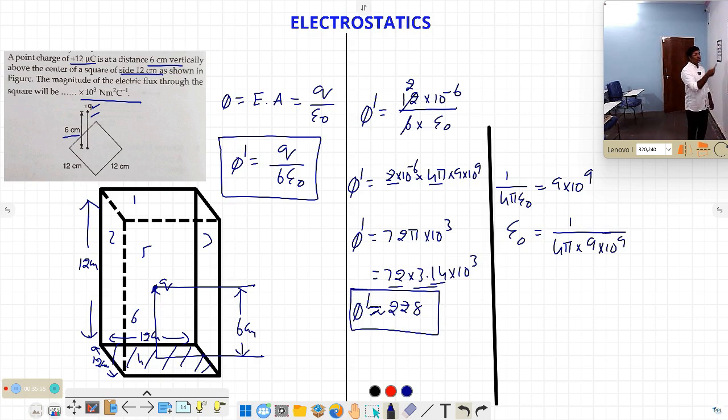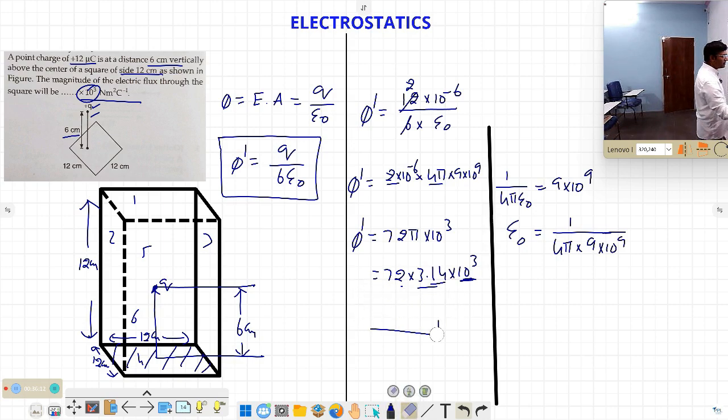Since the answer is given in the form of 10 cube, you can write 228 into 10 cube. The point should not cancel, so keep it in mind. So this answer you can write as flux equal to nearly 228 into 10 cube is the answer.